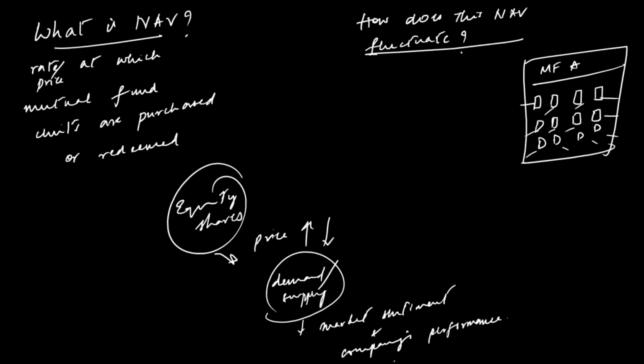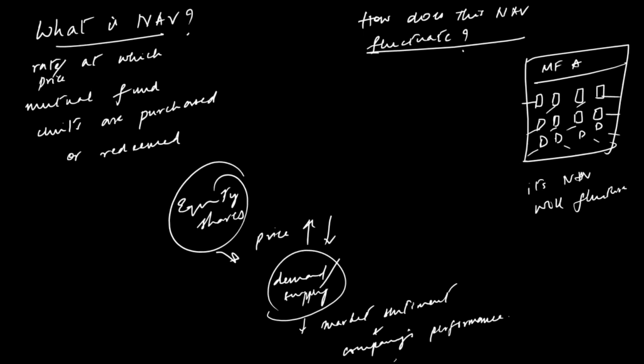Their price will fluctuate. So, since this mutual fund is holding these stocks, even its NAV will fluctuate, right? Because its value is dependent on these stocks. So that is the reason even its NAV will fluctuate daily.